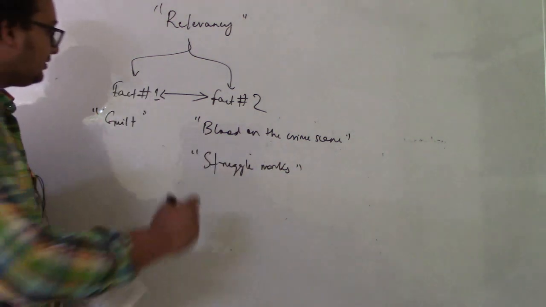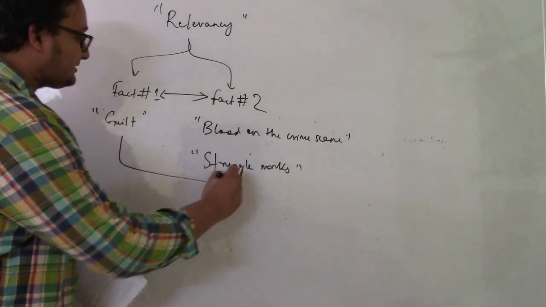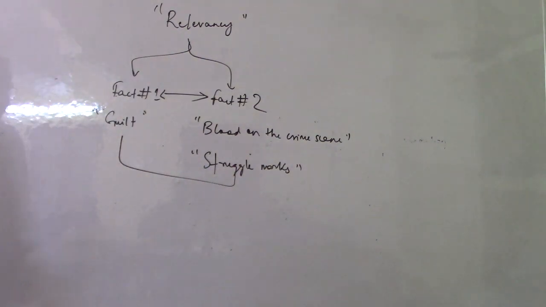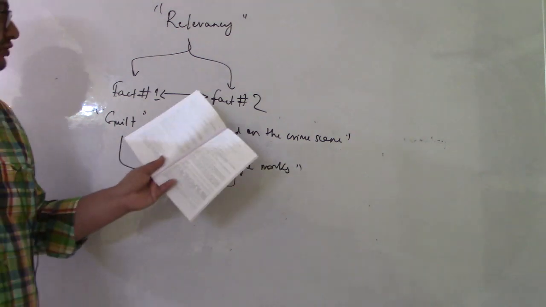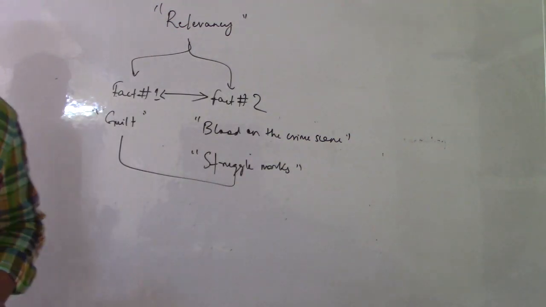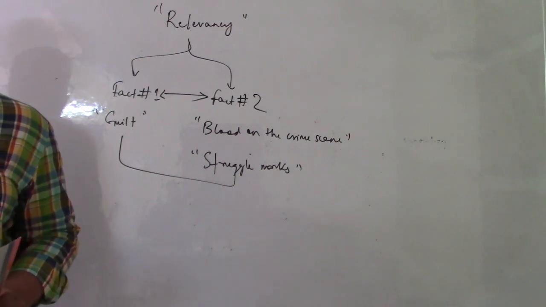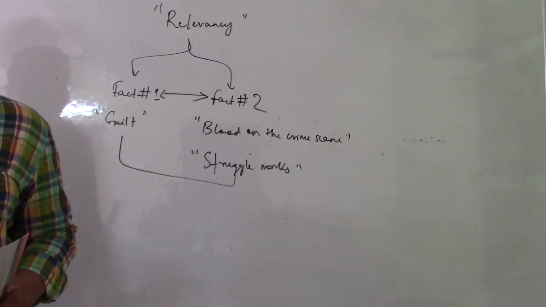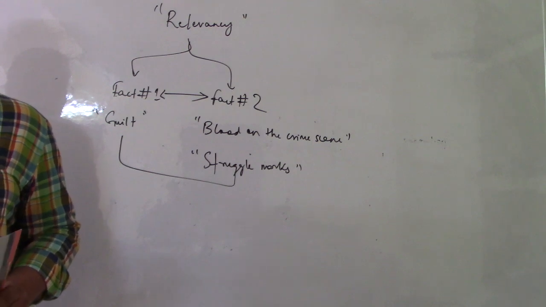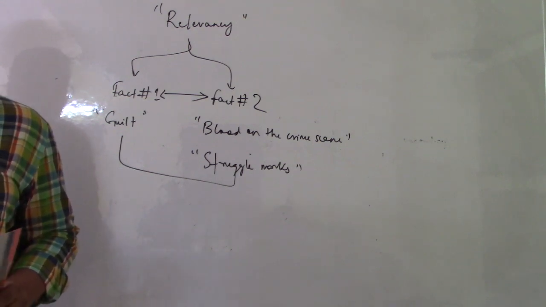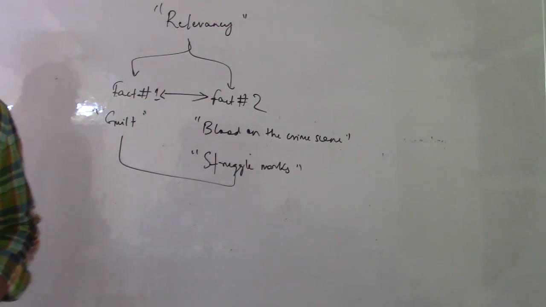Right? In a way, we can say that these two facts are connected in a similar way as cause and effect. Right? So, relevancy is nothing else but the connection of two facts in the sense of cause and effect. Alright? It is not always cause and effect, but it is like a connection of cause and effect.